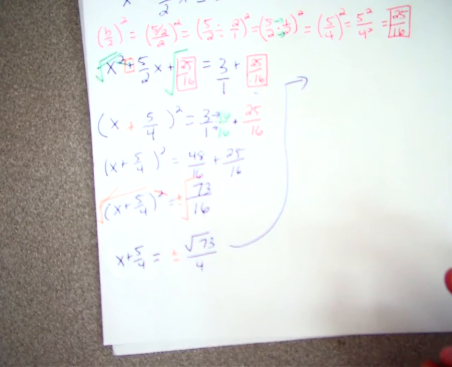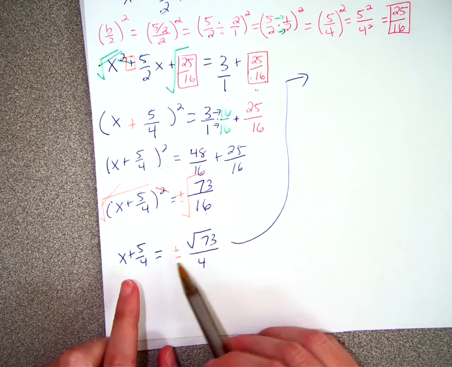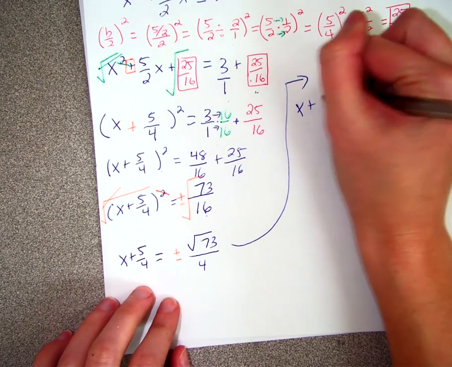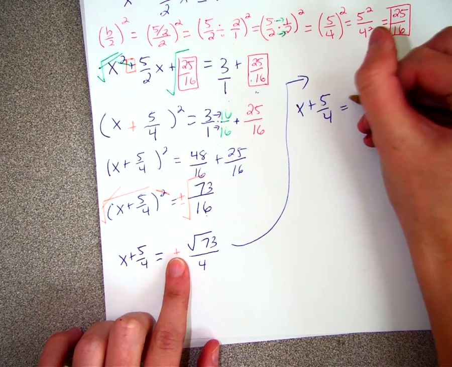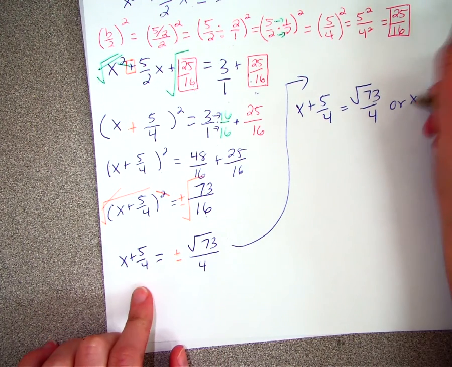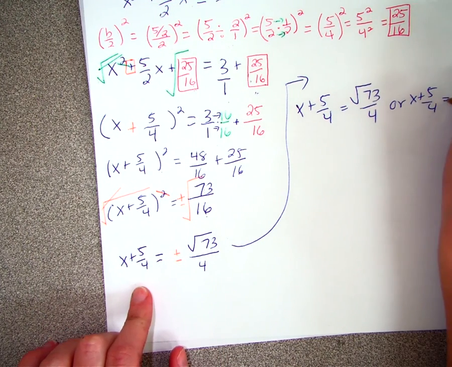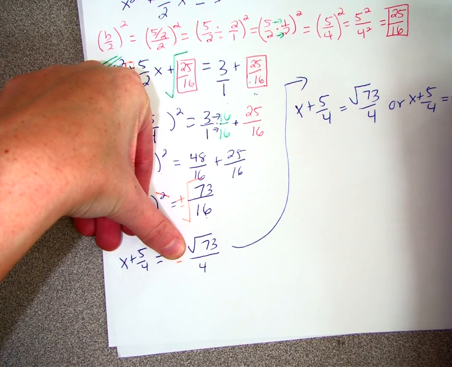Okay, so I'm going to go ahead and separate this into two separate equations, okay? So one time, I'm going to say x plus 5 over 4 equals a positive root 73 over 4. Or I'm going to say x plus 5 over 4 equals a negative square root of 73 over 4.